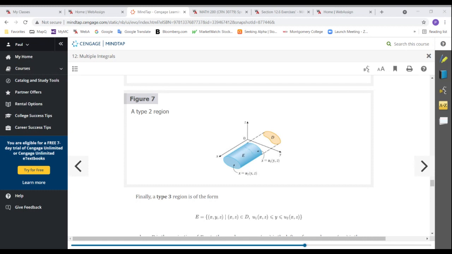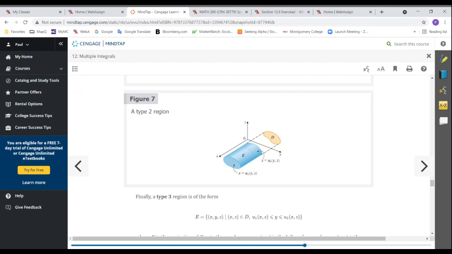Well, if we had a type 1 solid region where the bounding surfaces were above and below, we would do dz. But in this case, that's right, we would integrate with respect to x first, because our surfaces are x equals a function of y and z.